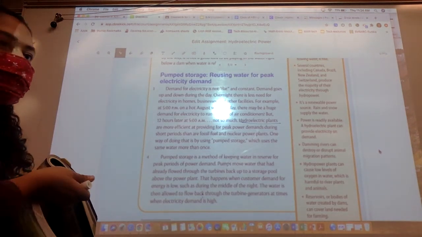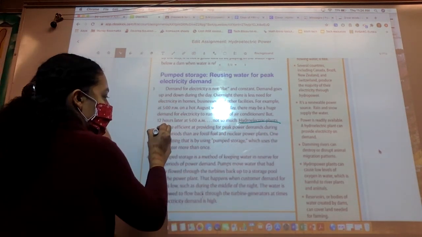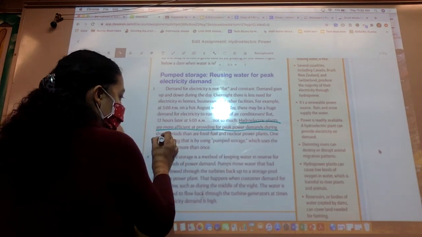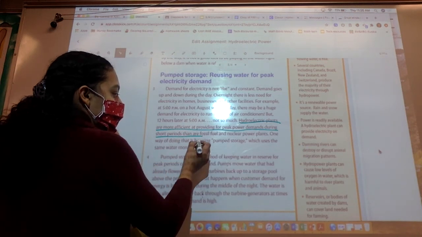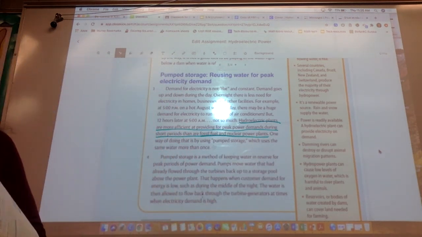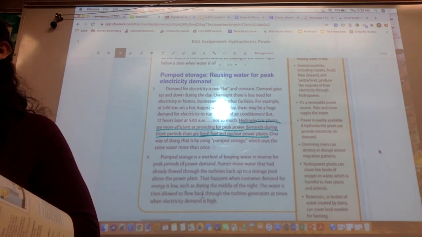Okay, pencil in your hand, let's highlight. Hydroelectric plants are more efficient at providing for peak power demands during short periods than are fossil fuel and nuclear power plants.